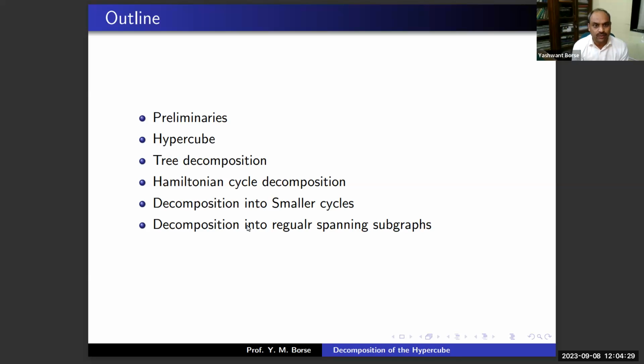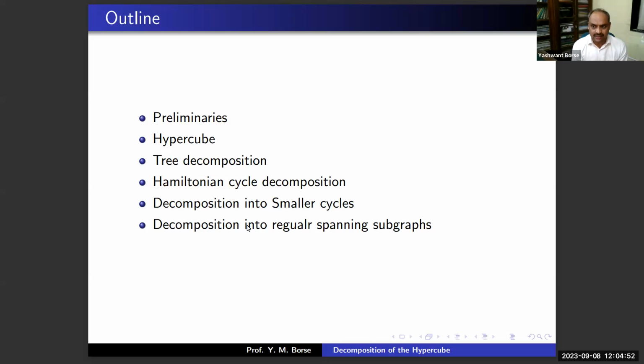One is tree decomposition, another is Hamiltonian cycle decomposition, third is decomposition into smaller cycles, and the fourth one is decomposition into regular spanning subgraphs. These are the major areas in which decomposition of hypercubes is usually studied.